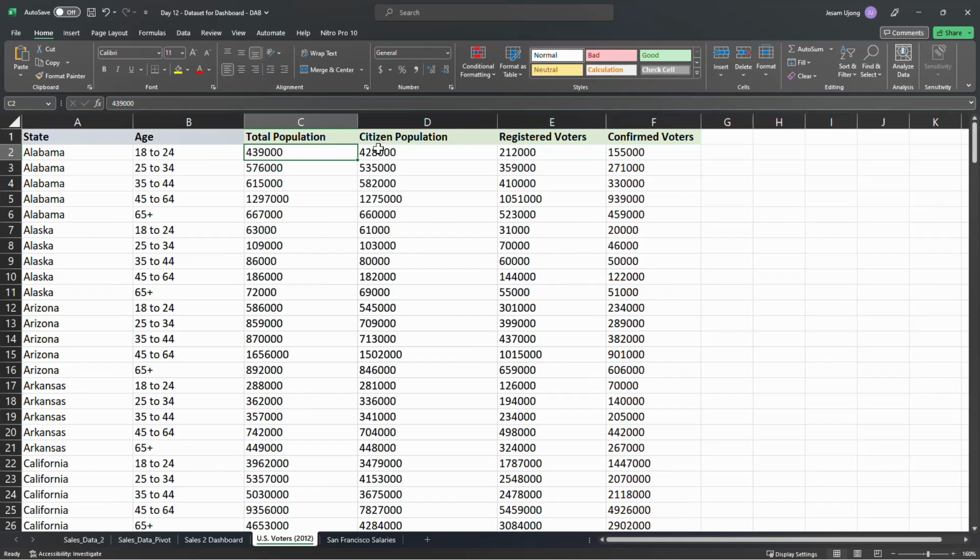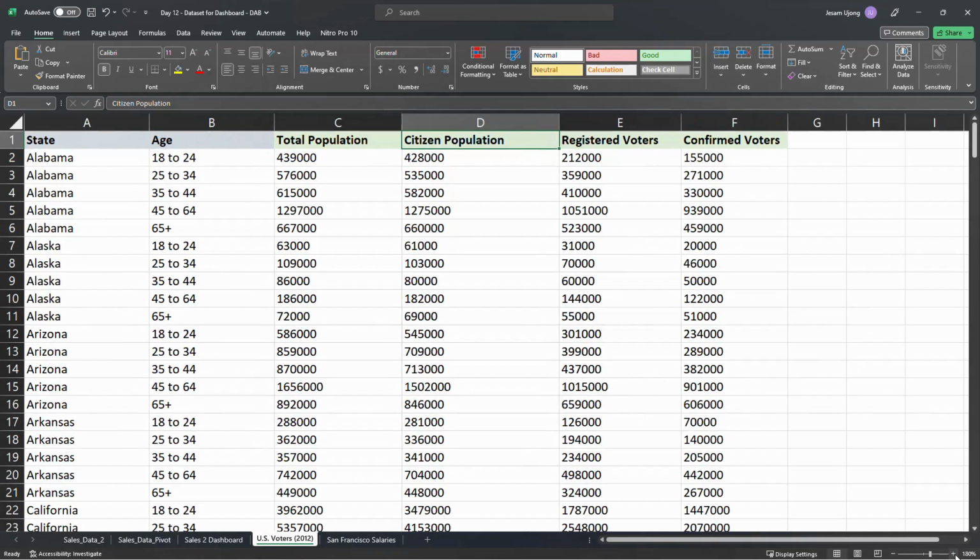Now, of this total population, we have 428,000 who are citizens. Still of this population, we have registered voters 212,000, and then confirmed voters 155,000.